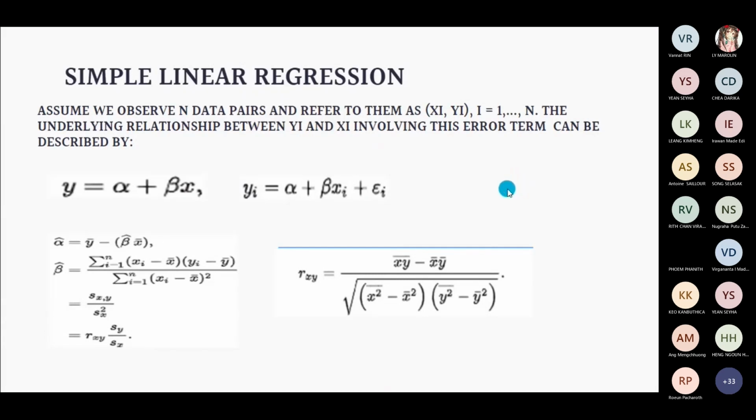In order to define our simple linear regression, we have the equation y equals alpha plus beta x. As you can see, there can be some underlying relation involving an error term, which can be described as y equals alpha plus beta x plus epsilon. Here epsilon is the error that can occur.